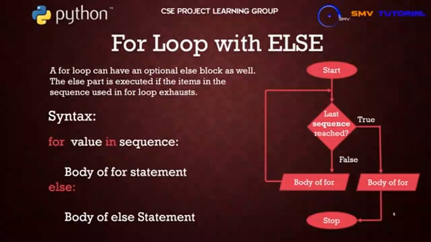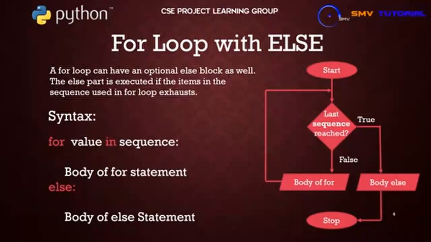And next, see this flowchart. The program starts. Next the flow checks whether the last sequence item is reached. If this is false, it goes to the body of for. Finally, when true, the program goes to the body of else.